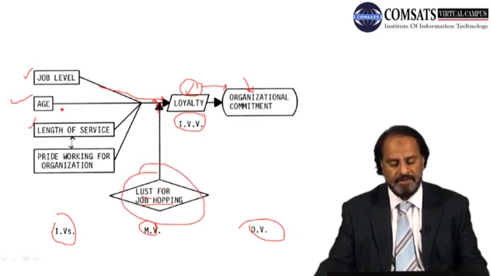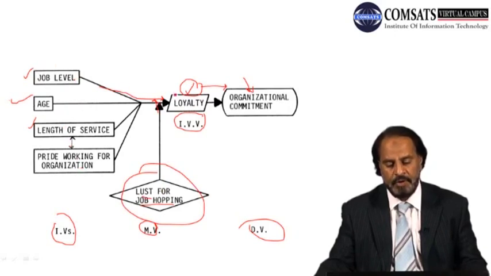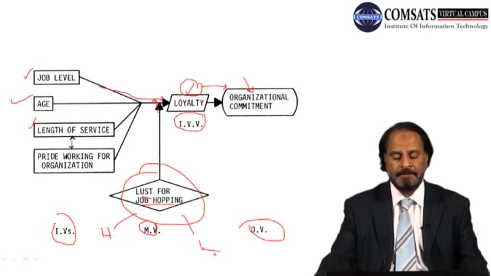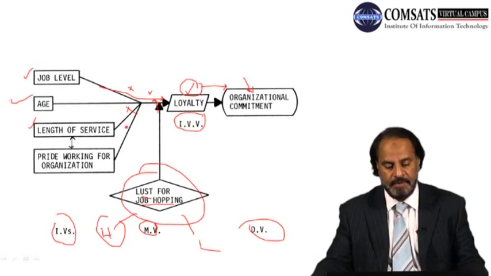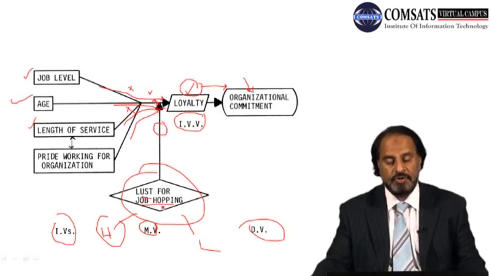So when we're trying to see the link between job level and loyalty, age and loyalty, length and loyalty, pride and loyalty, they will have a problem when we have employees with a high lust for job hopping and a low lust for job hopping. So generally, when you have a high lust for job hopping, these relationships will not be seen as they are right now, and these relationships will not exist because of this variable, which is trying to change them. So it's moderating.